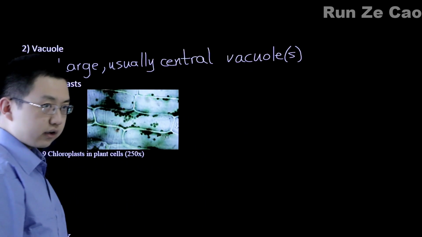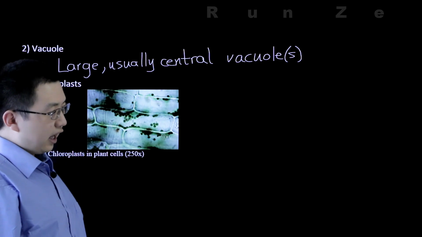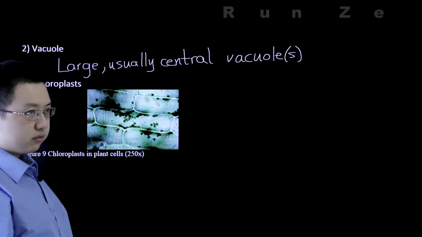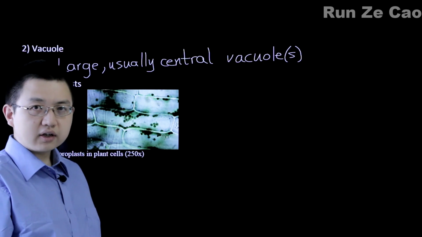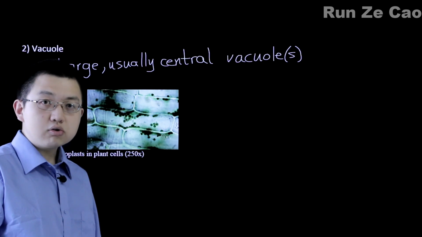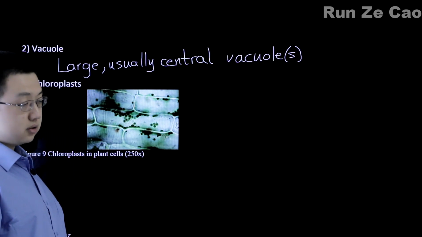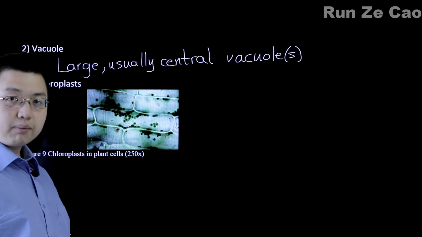The large central vacuole is fairly characteristic of plants. Animals, for the most part, do not have this. Although we do note that certain floating organisms, certain types of plankton, do have oil droplets that help them regulate their density so that they don't sink to the bottom too fast.